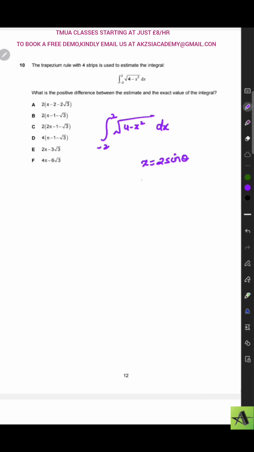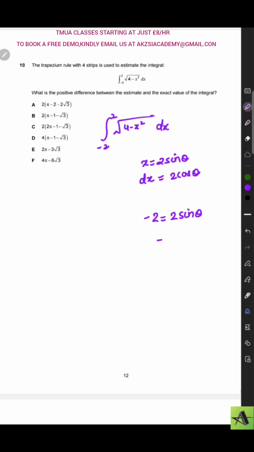Since I have substituted x, obviously we have to replace dx, that means the differentiation. So differentiation of this is going to be 2 cos theta. Now, obviously this limit is for x and we have converted into sine theta, so the limits will change. So for minus 2, in place of x I'll substitute the value minus 2 equals 2 sine theta.